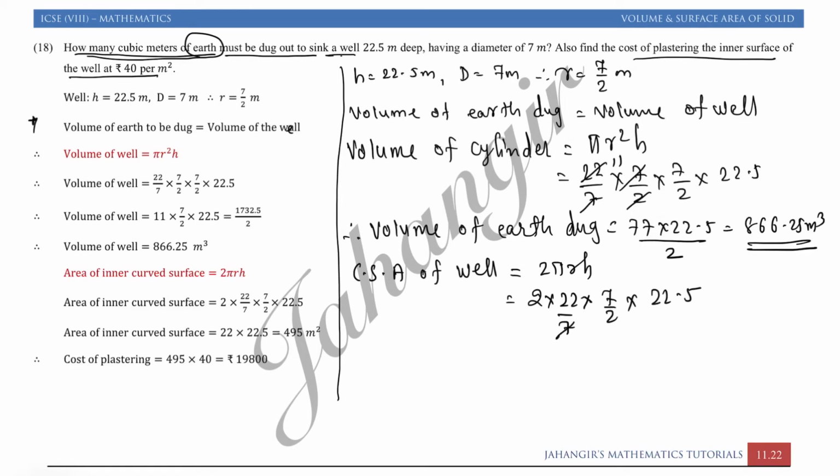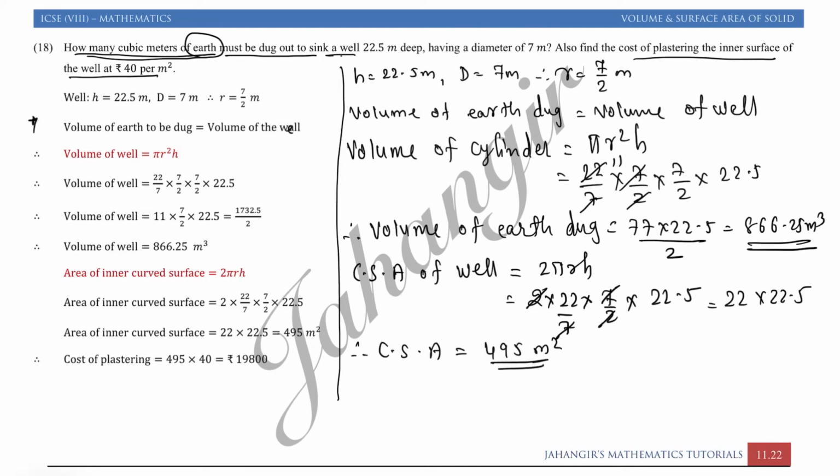So cancelling out, you will get 22 into 22.5. So therefore CSA is equal to 495 meter square.